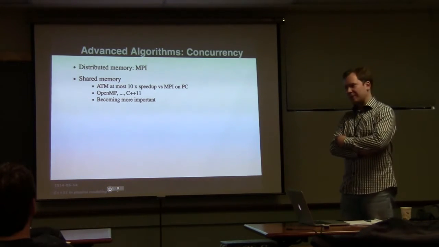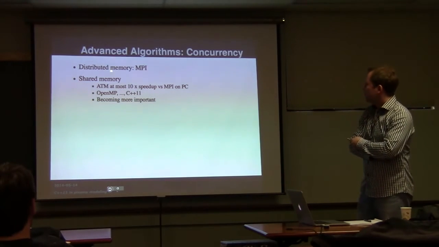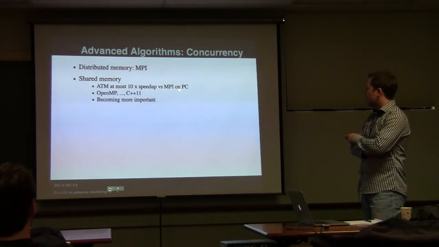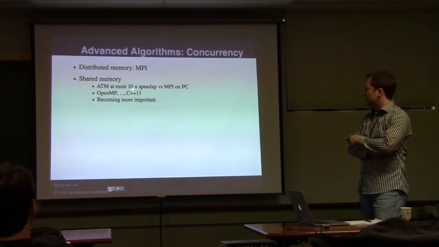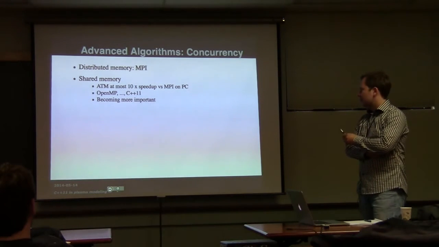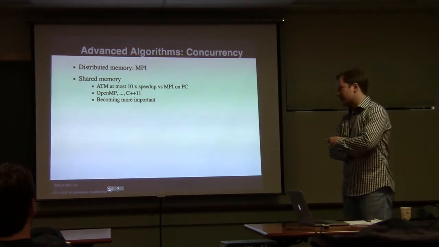So this might be an optimization, especially if you implement the distributed memory parallel program, then the speedup you can get on a single PC with threading is not that much larger anymore, because MPI can also be optimized for shared memory systems.